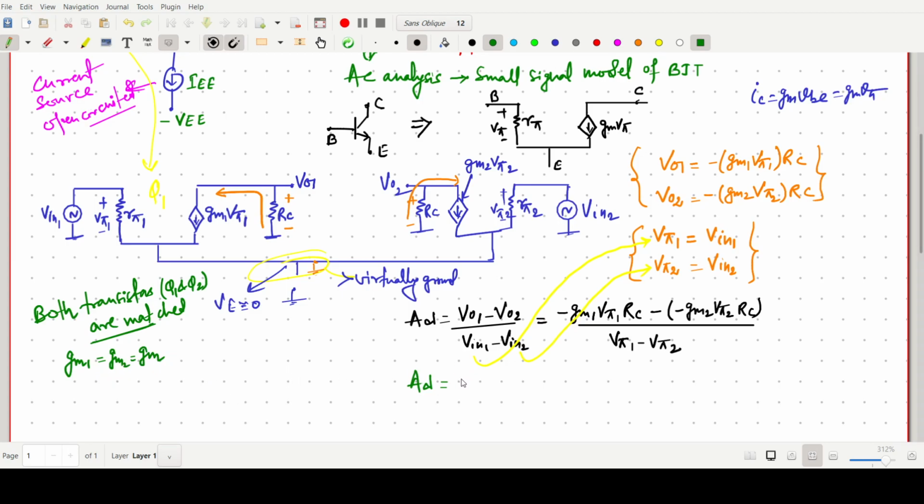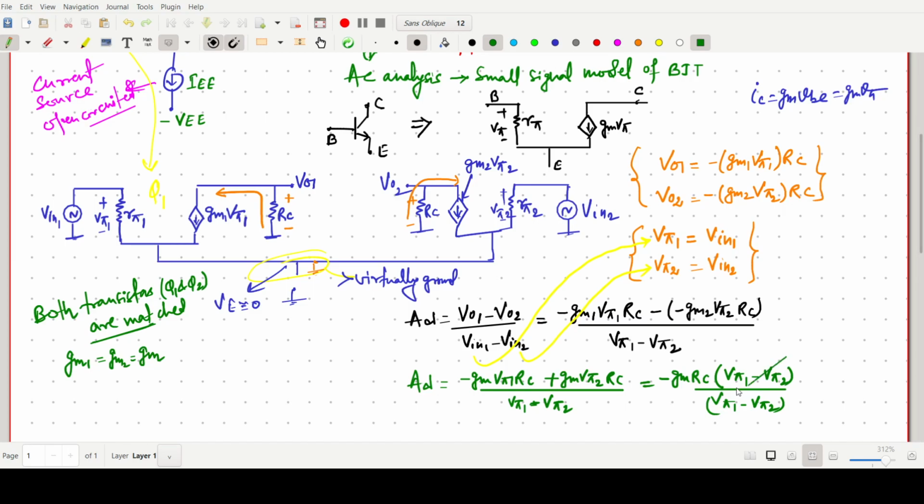So we can write minus gm V pi 1 RC minus minus plus gm V pi 2 RC by V pi 1 minus V pi 2. Okay, so try to take common gm RC, so it should be V pi 1 minus V pi 2 divided by V pi 1 minus V pi 2.